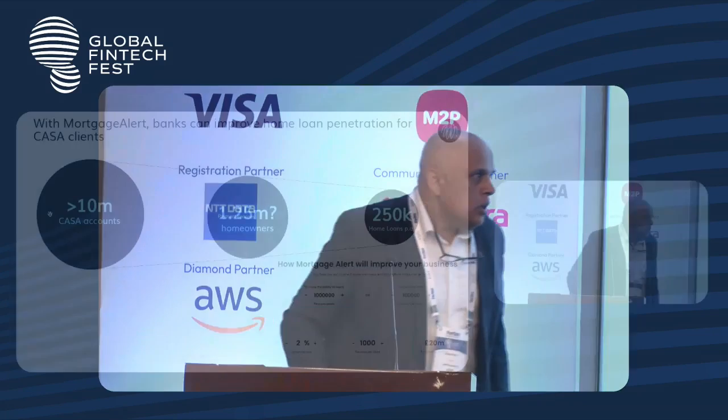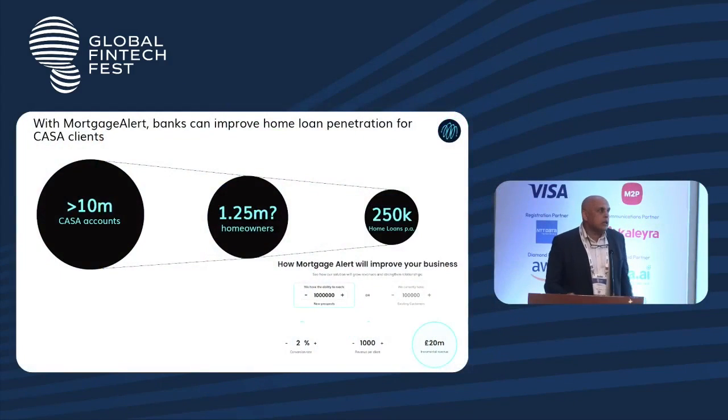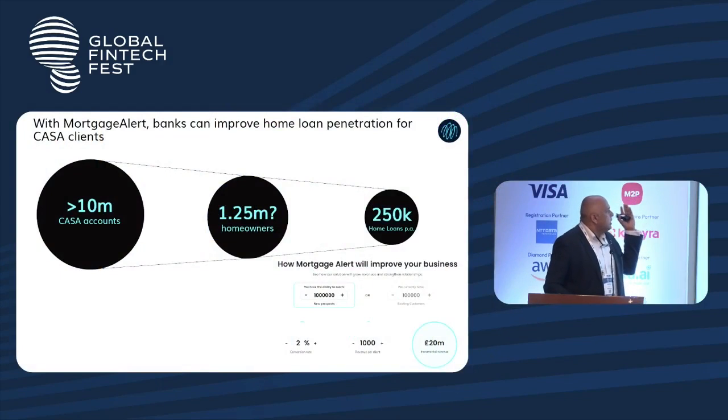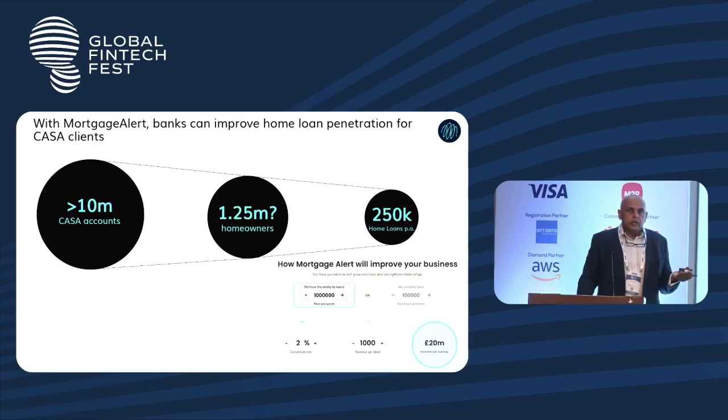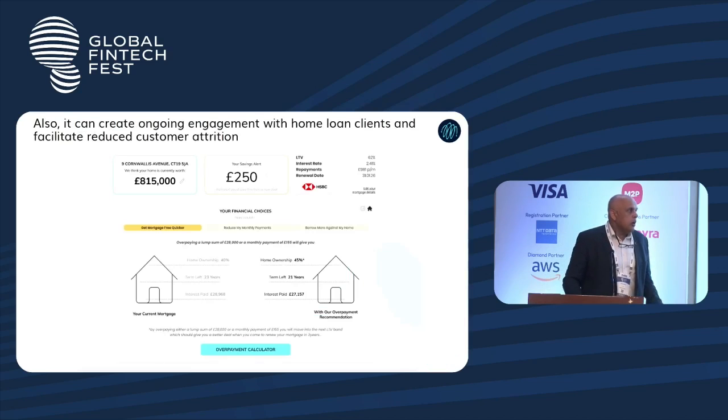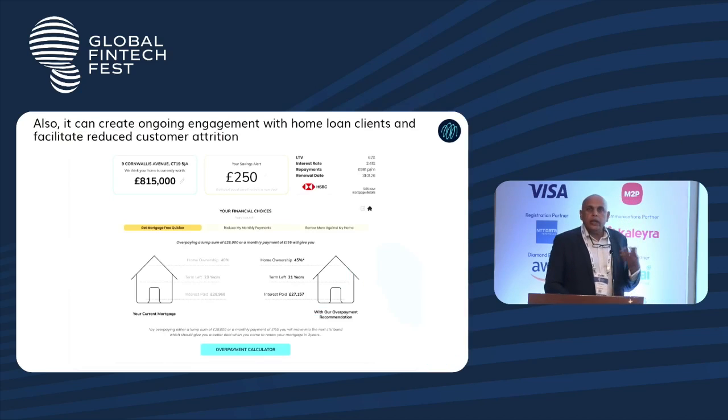Thank you. So with, for example, a bank which has a significant presence, there is a potential for banks to actually improve home loan penetrations for their CASA clients, as an example. It can also create the ongoing engagement that I mentioned with their own either home loan customers, or for that matter their broader customer group, and facilitate reduced customer attrition.